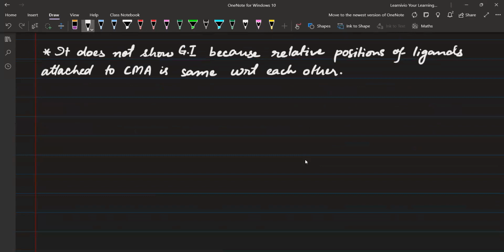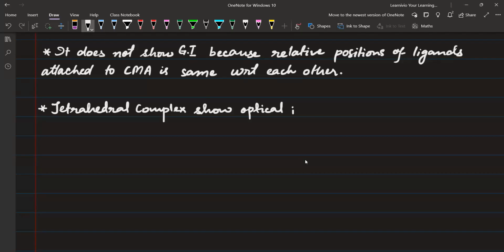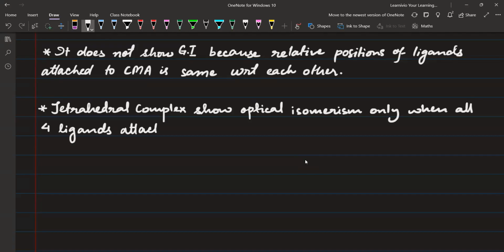Now the next thing you just have to remember, and this we also saw in haloalkanes and haloarenes: tetrahedral complex shows optical isomerism only when all four ligands attached to the central metal atom are different.